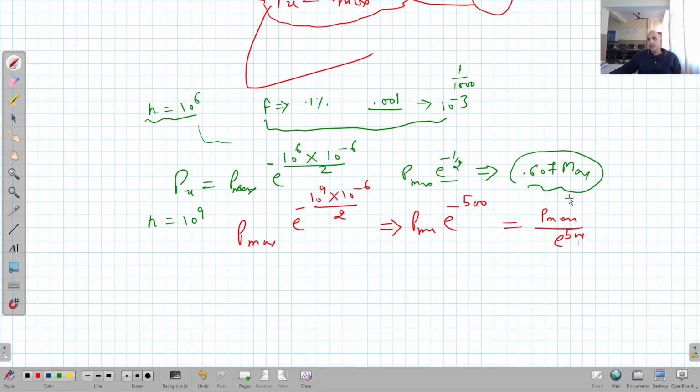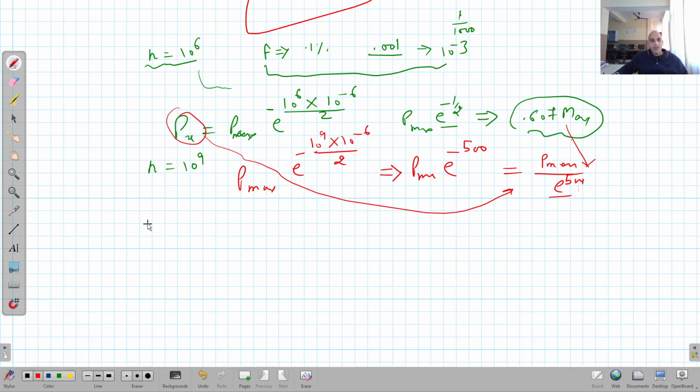So you can see here that this number is very small as compared to this number, right? It means the probability of the new state px becomes even smaller. It decreases rapidly, exponentially. Let's take another case, when n is equal to 10 raised to power 12.